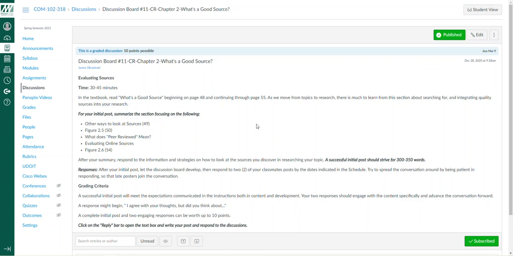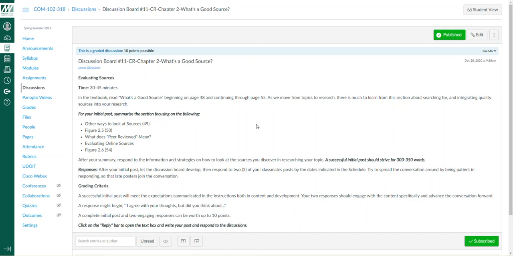The initial post should summarize this section, focusing on the following. Other ways to look at sources, figure 2.5 on page 50. What does peer-reviewed mean? Evaluating online sources. And then, of course, figure 2.6, and if my memory serves me correctly, that is where you look at the flowcharts of authored and other unauthored sources.